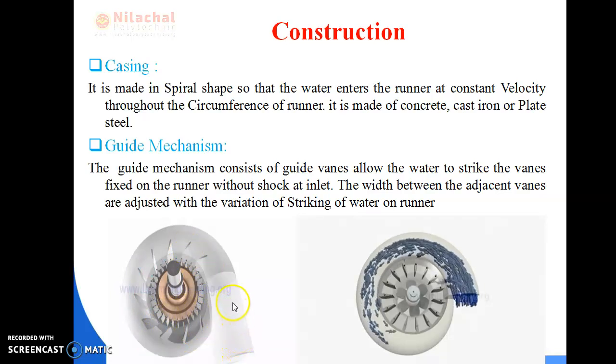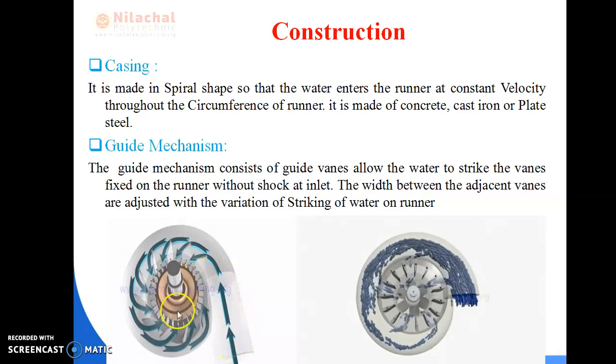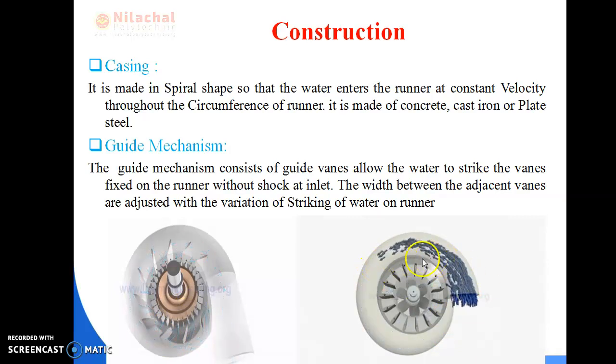Water enters the casing, then enters the guide mechanism, and through this guide mechanism it falls upon the blades of the runner. In the second animation, these arrow marks suggest that the flow of water takes place and it is entering into the spiral casing.